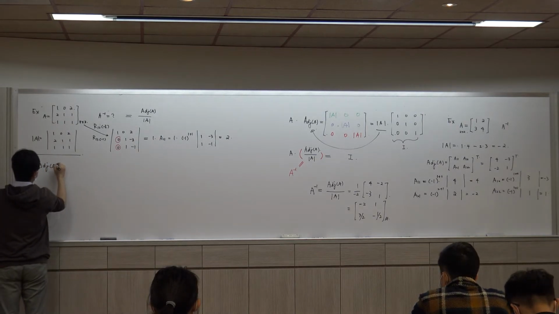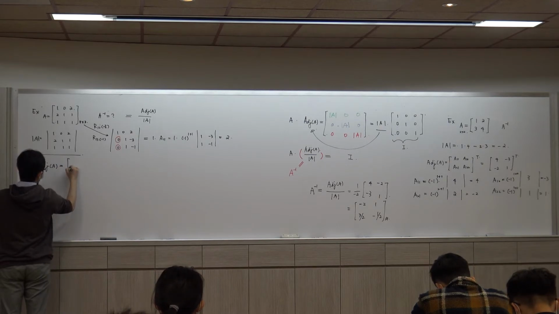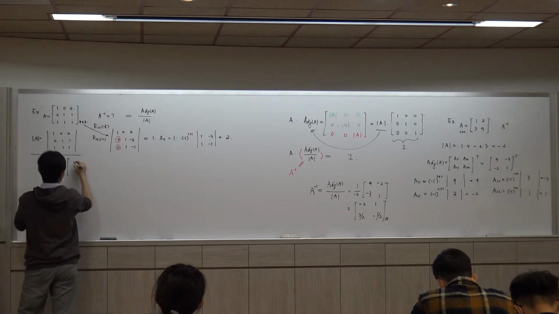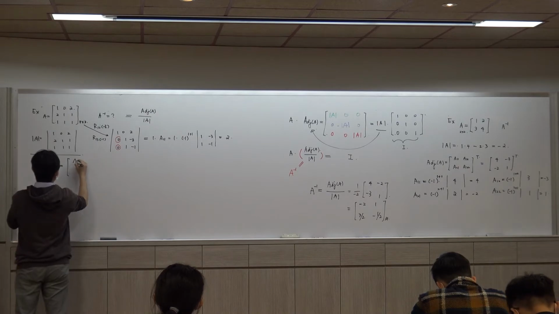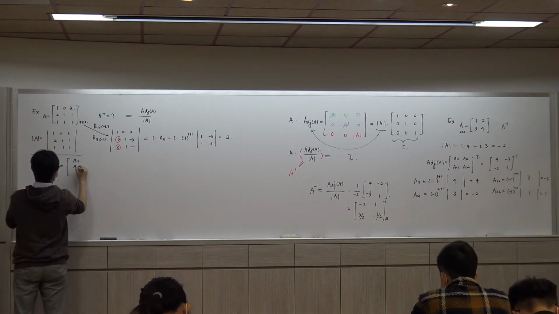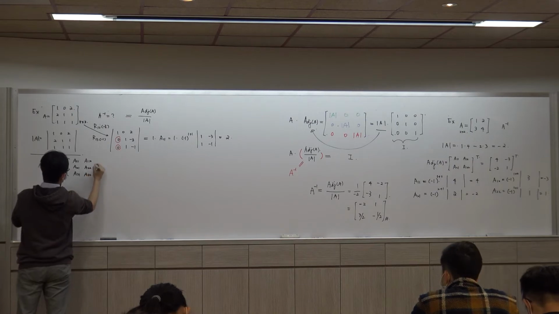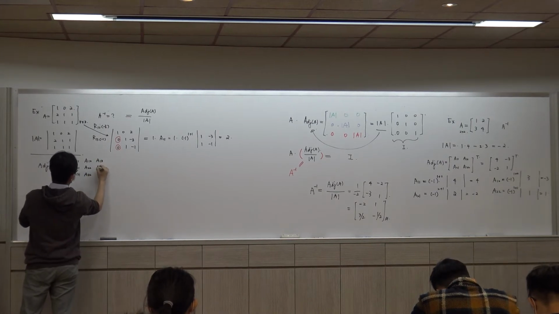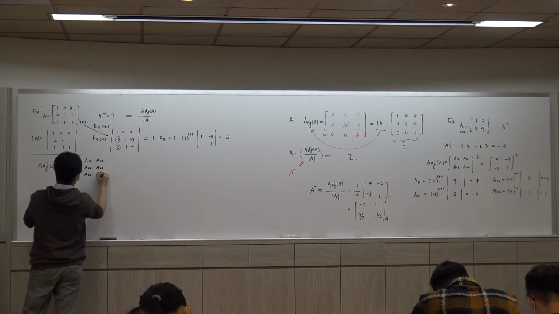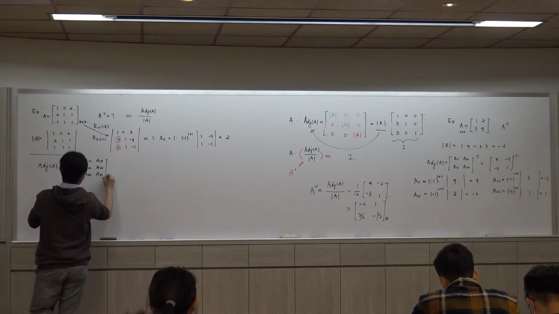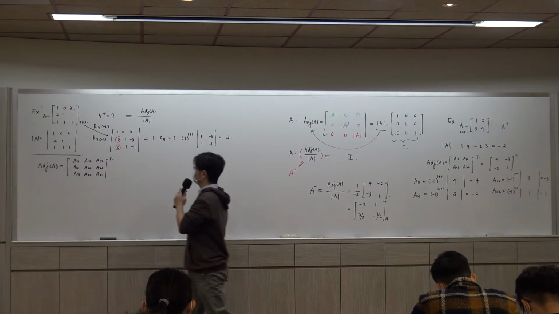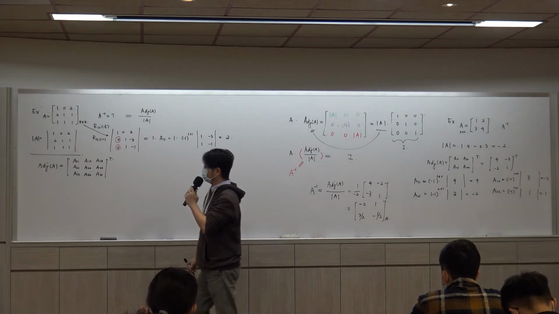And the adjoint matrix A equals to this, transpose. Okay.